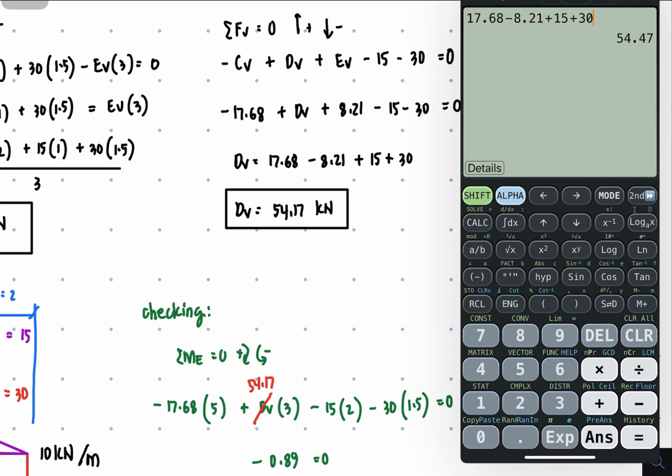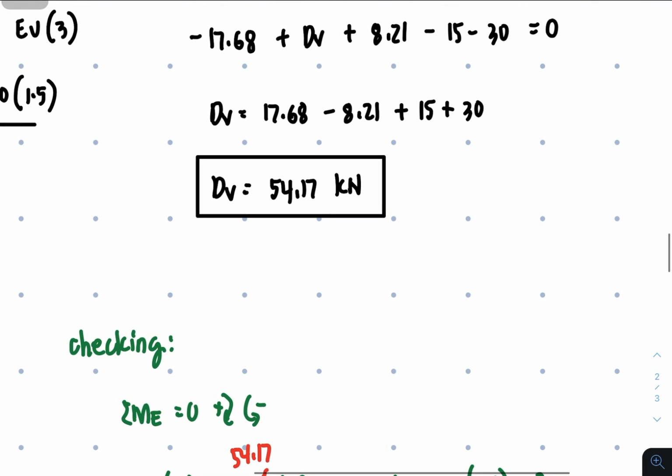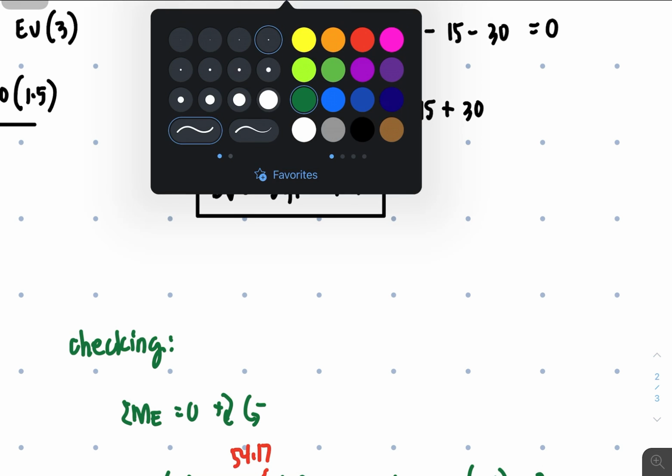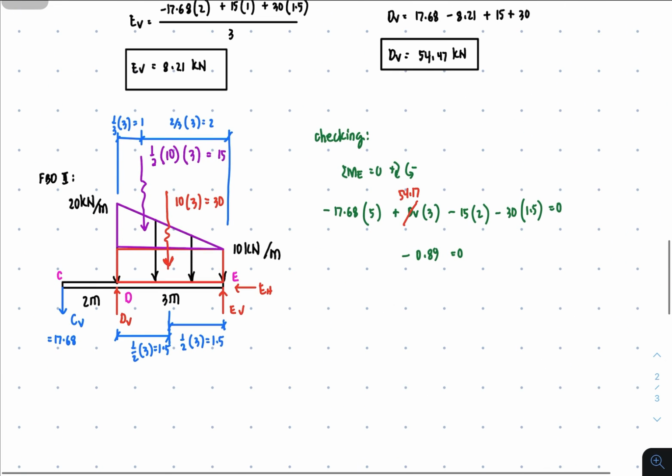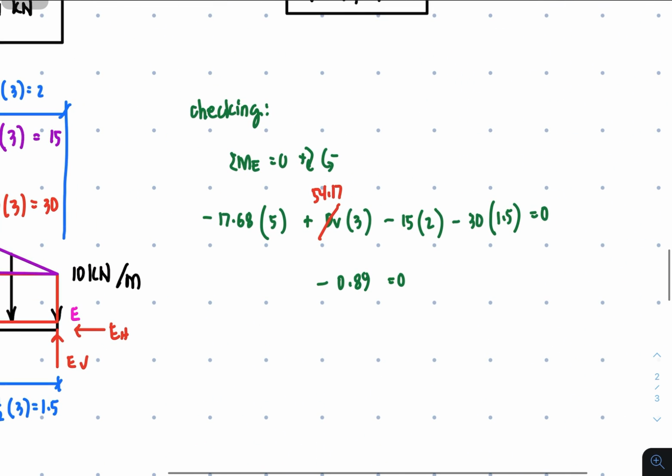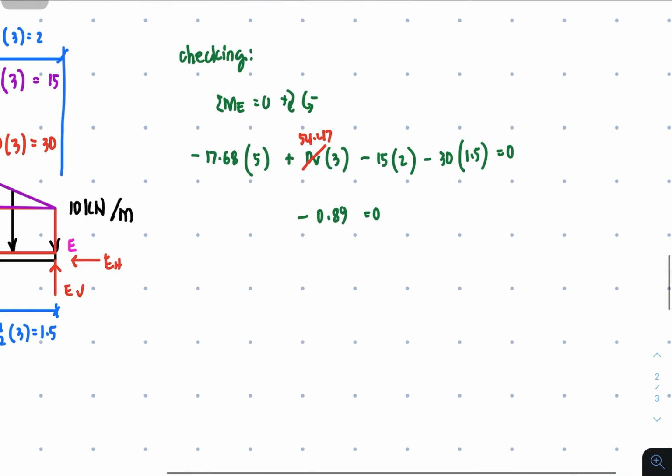Oh, it's 54.47. So this one, DV, is 54.47.